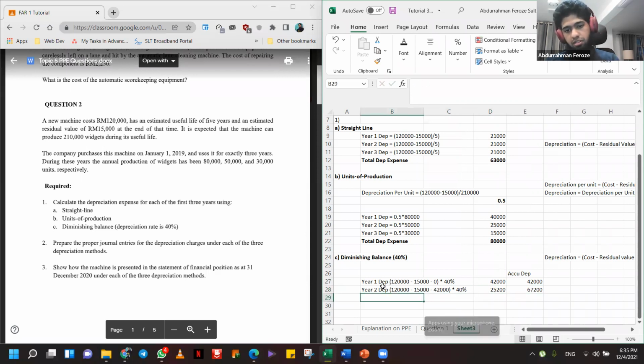Then year 3 is the difference, 120,000 minus 15,000 minus 67,200, that is 37,800 into 40%, which should be 15,120, plus 67,200 gives 82,320.